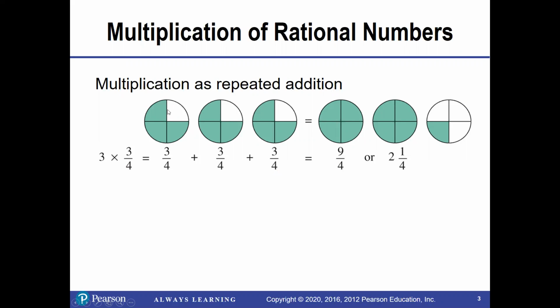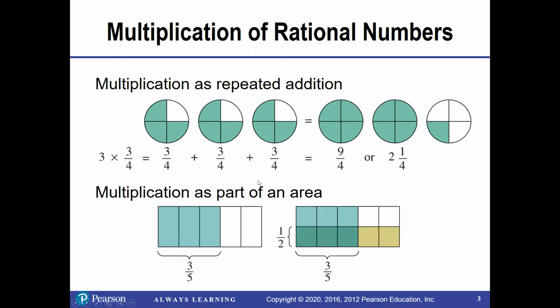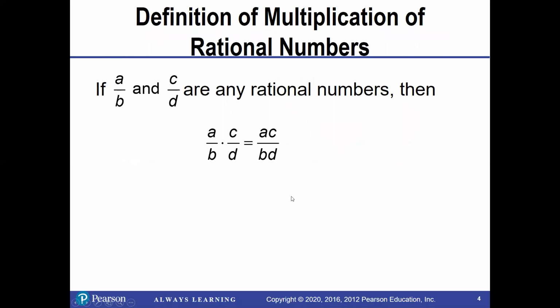If I have 3 of the 3/4 and add them up, that'd be 9/4, so you have your improper version or your mixed fraction version, whichever one you prefer. You do the same thing with parts over whole, or parts of your area. Same group applies.